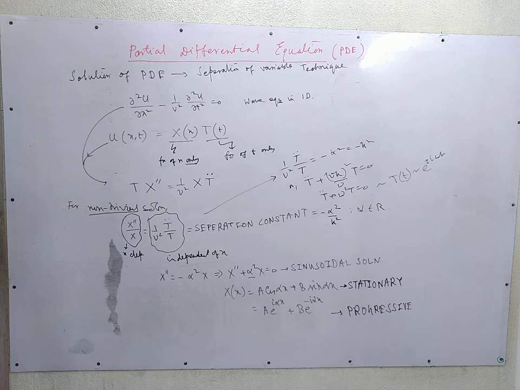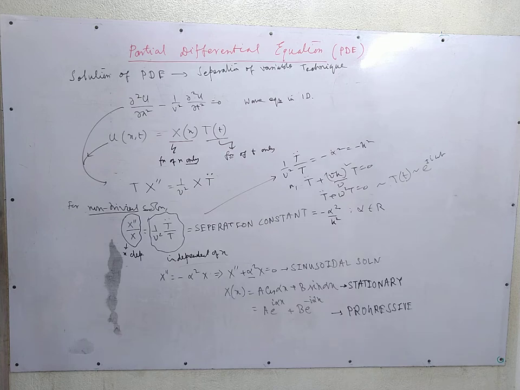So if we have n variables, then this equation can be decoupled in n-1 steps by introducing n-1 separation constants. And ultimately a partial differential equation involving n variables is reduced, in the separation of variable technique, into n ordinary differential equations.